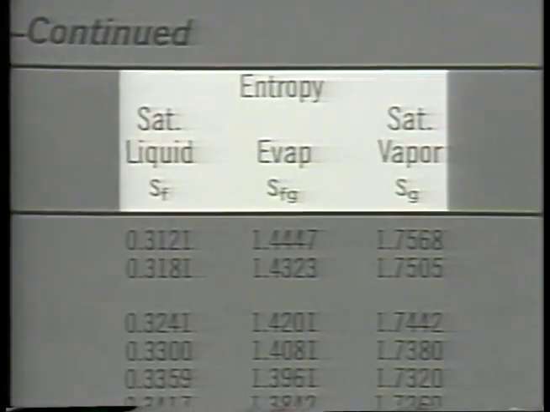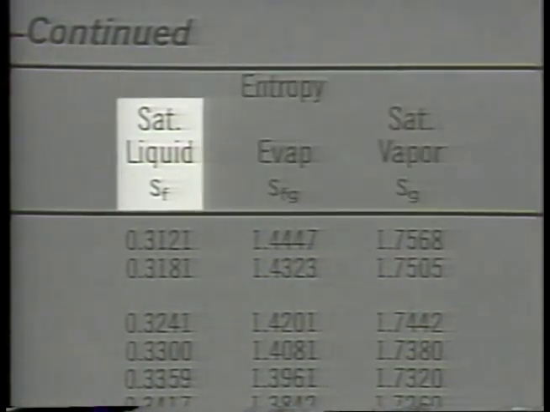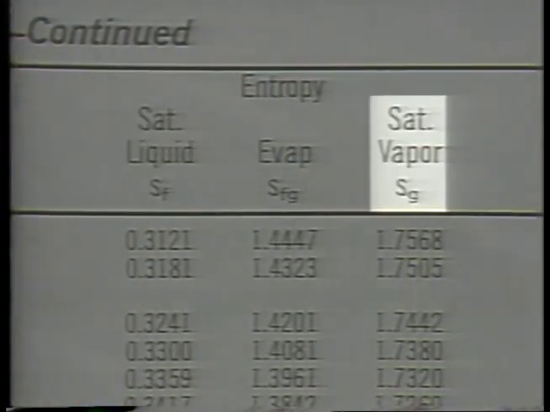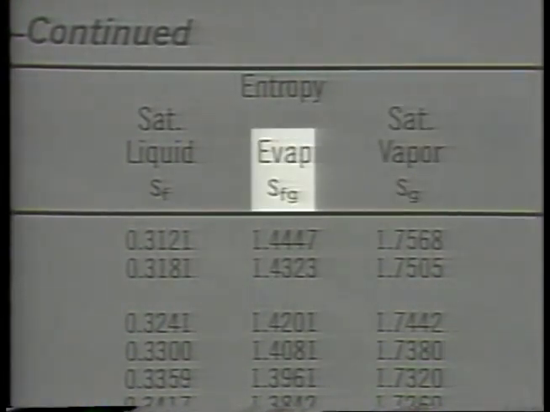Like specific volume and enthalpy, there are three columns under the entropy heading. Again, these columns indicate the values for saturated liquid, symbolized by the small letter s sub f, the values for saturated vapor, s sub g, and the evaporation or difference between s sub f and s sub g, symbolized by s sub fg.